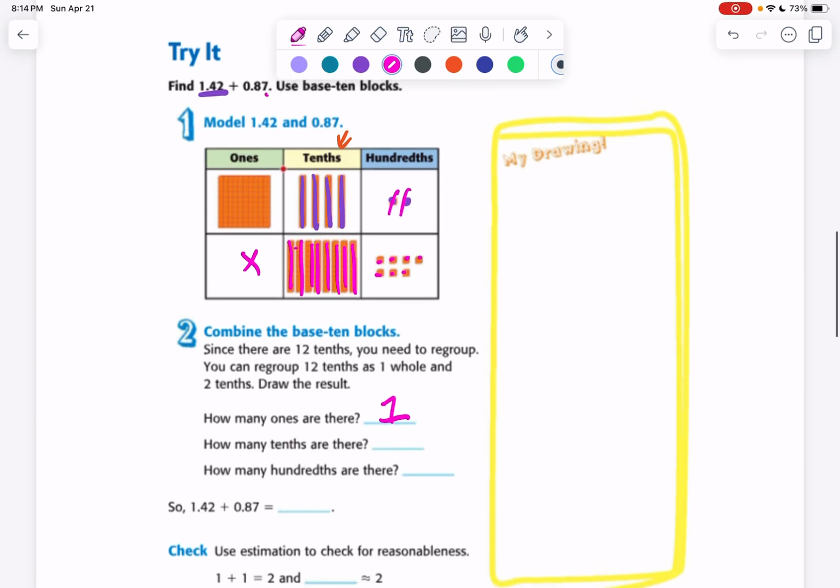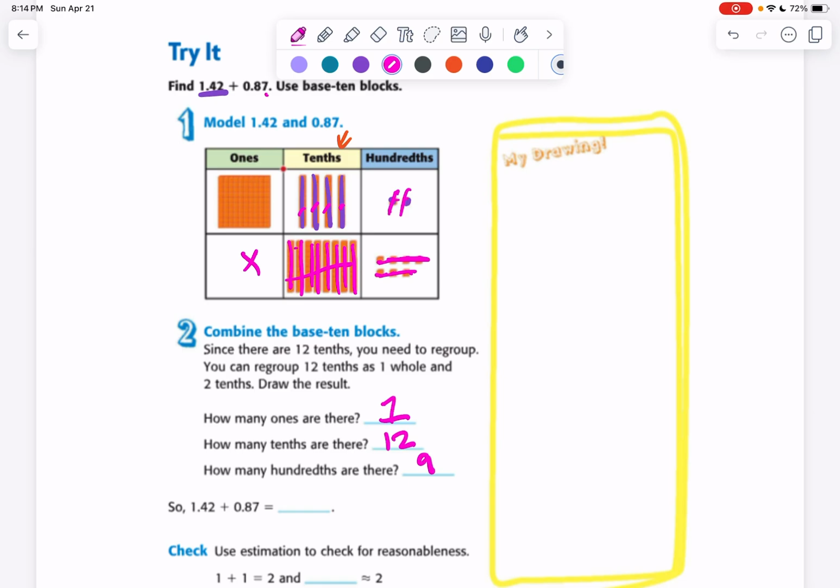So how many did we have here? We had 8, 9, 10, 11, 12. We had 12 tenths. And we had, wait a minute, that wasn't 5, it was 4, 5, 6, 7, 8, 9. 9 hundredths.